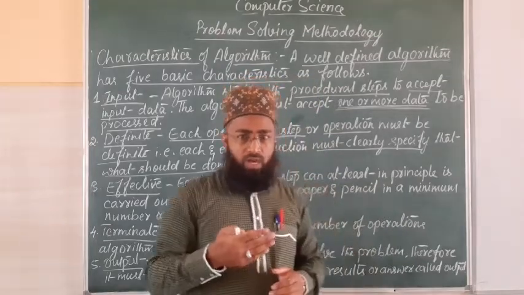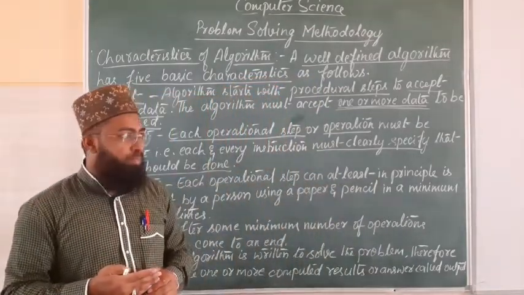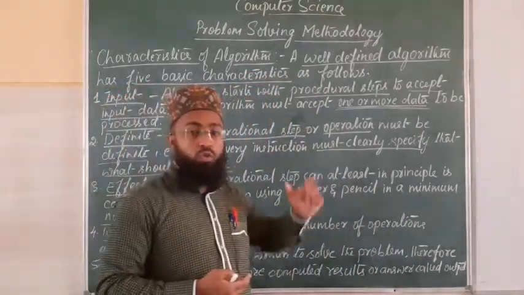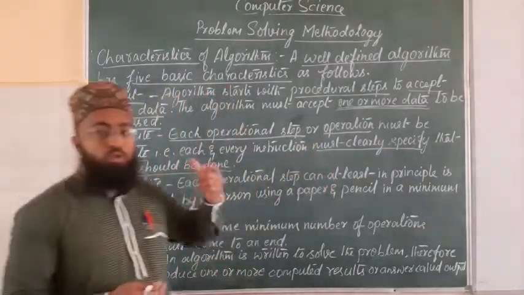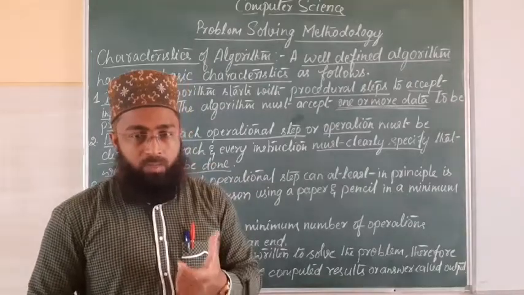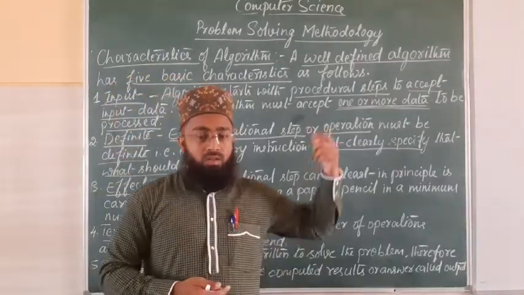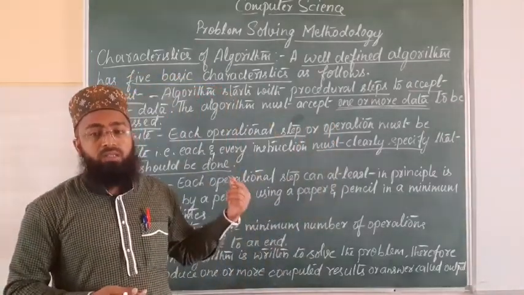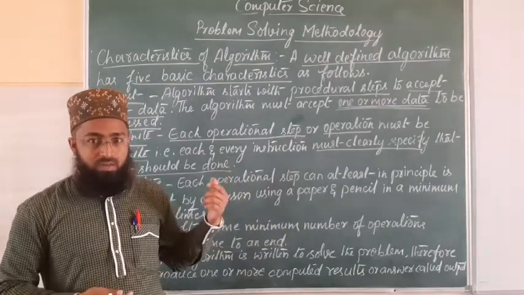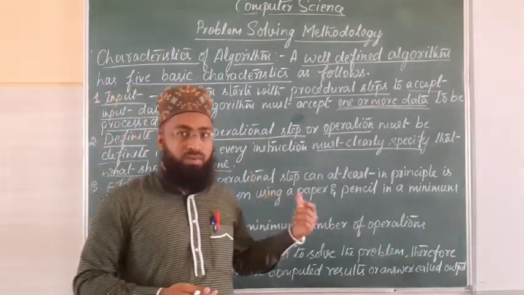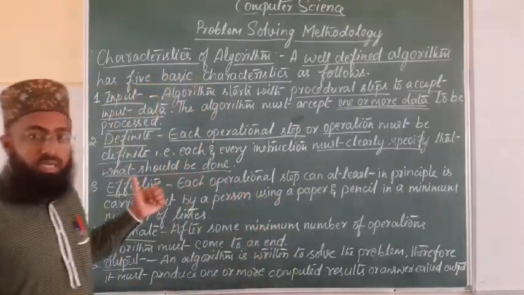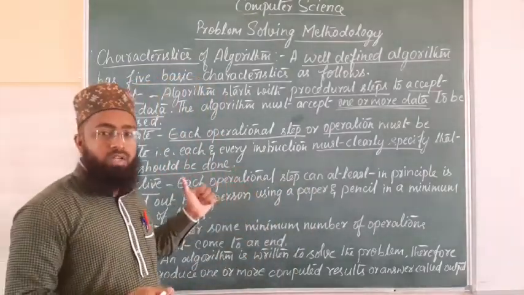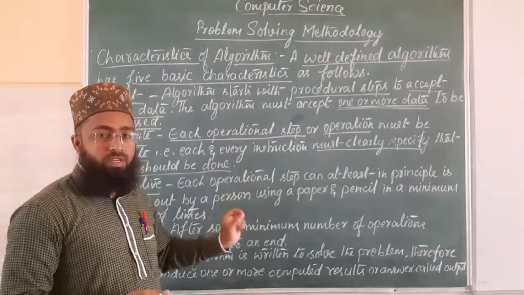If we are adding two numbers in an algorithm, then we should know that we have to do the addition. Or else, if we are writing an algorithm to find the area of a circle or the circumference of a circle, then we have to know whether we have to find the area or the circumference.